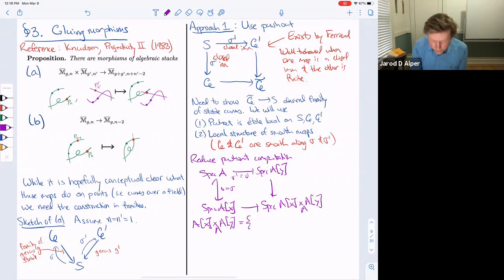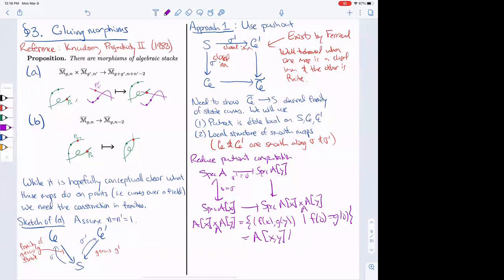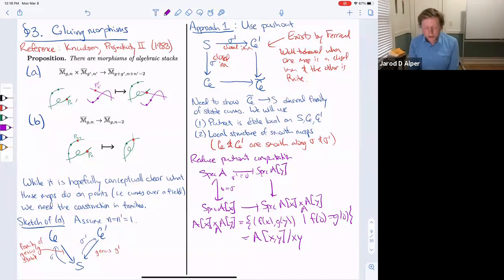These are just pairs of functions, f and g, let's say f is in the variable x, g is in the variable y, such that they have the same constant term. And so you see directly that this is A adjoin x comma y mod xy, because this is the ring of polynomials where you have a constant plus positive terms in x plus positive terms in y, but there are no mixed terms xy.